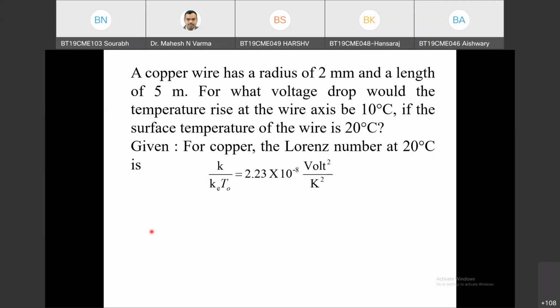Here the surface temperature is given, the axial temperature is given, and you need to estimate the voltage drop. The voltage drop is related with the heat generated per unit volume, and the Lorenz number is given.